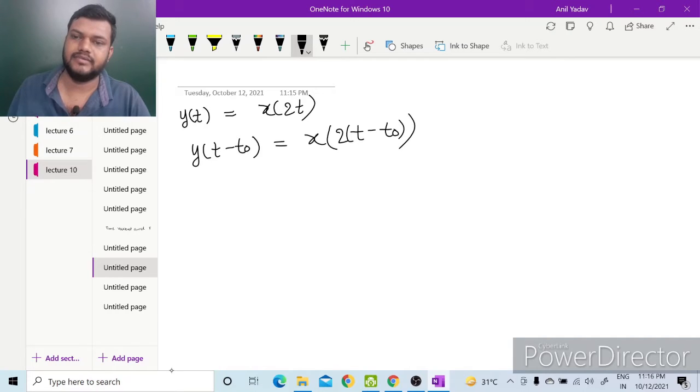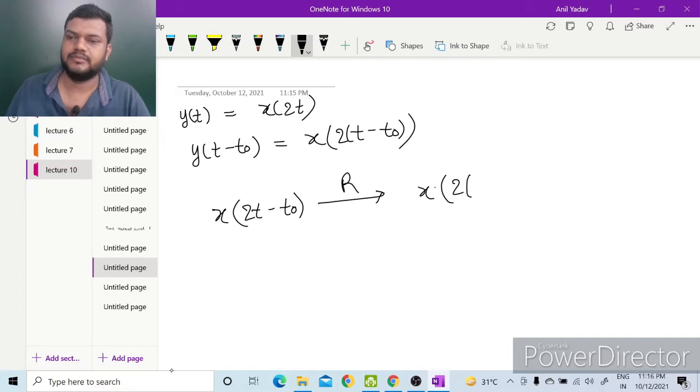Now give the input delayed by t naught, meaning delay the argument by t naught: x of t minus t naught. Now what is the system doing? It is multiplying the argument by 2, so if the input is x(t), the output is x of 2t. So the response will be x of 2t minus t naught. Here we can see these both are not equal, so the system is time variant.